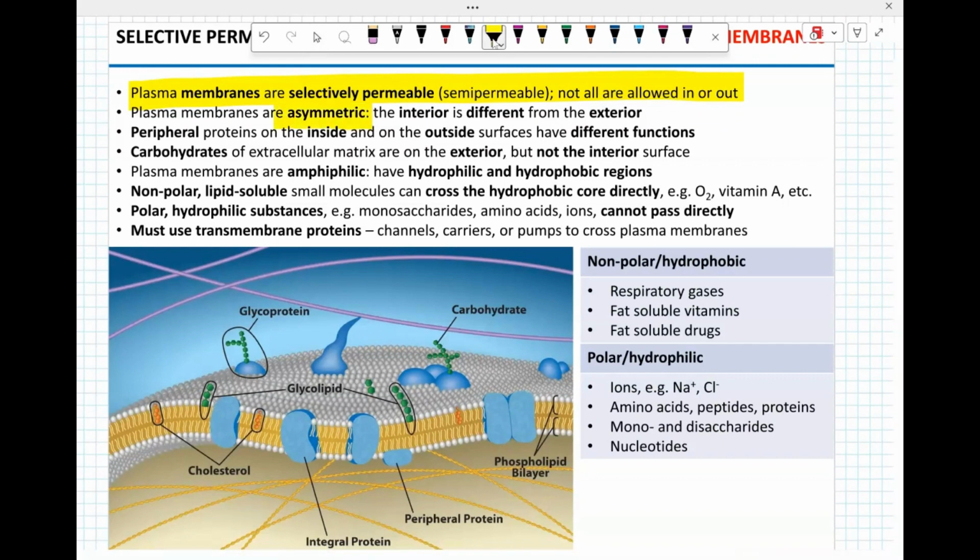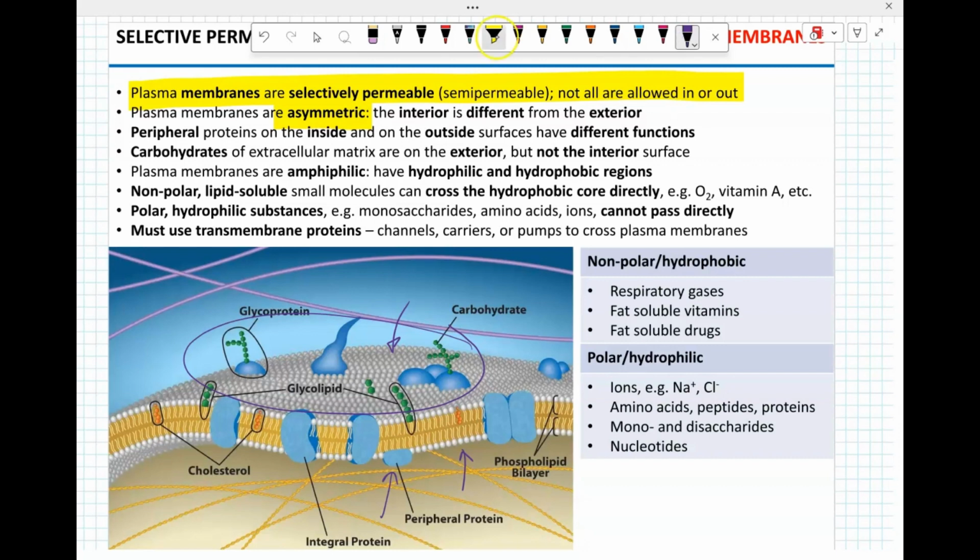If you would look at the outer surface of the membrane in this illustration, you can see that there are a lot of carbohydrates on the outer surface of the membrane, but not on the inner one. There will be some proteins or carbohydrates that are present only on the outer surface, and just like that, there will be some proteins that are present on the inner surface, but not on the outer surface.